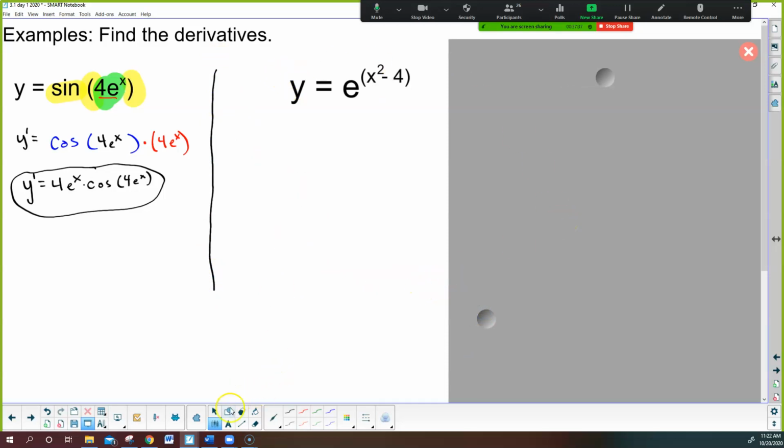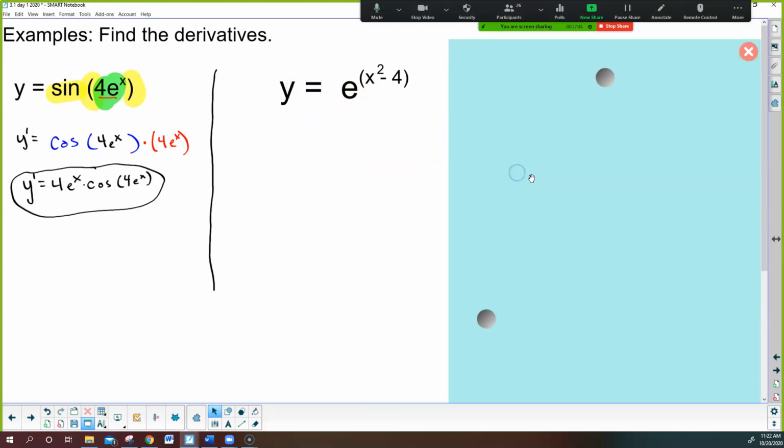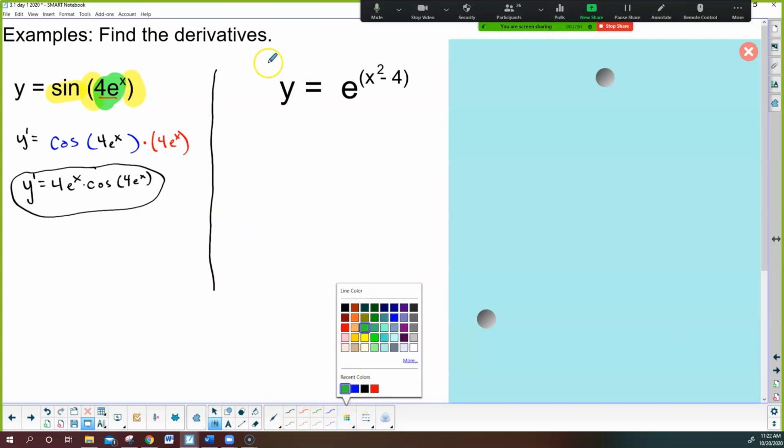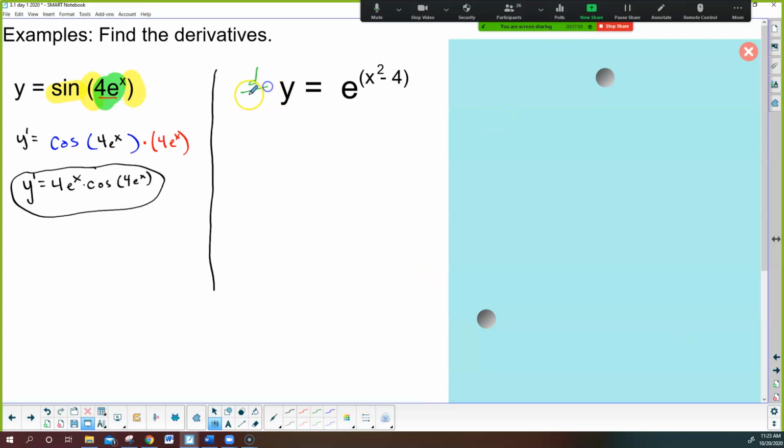On this one, I just want to use a different type of notation, but it's the same thing. So give me 1 second. I want to make a little extra room here. What's another way that we could use as notation to basically say take the derivative? Well, you might see this notation where it says d dx of both sides.